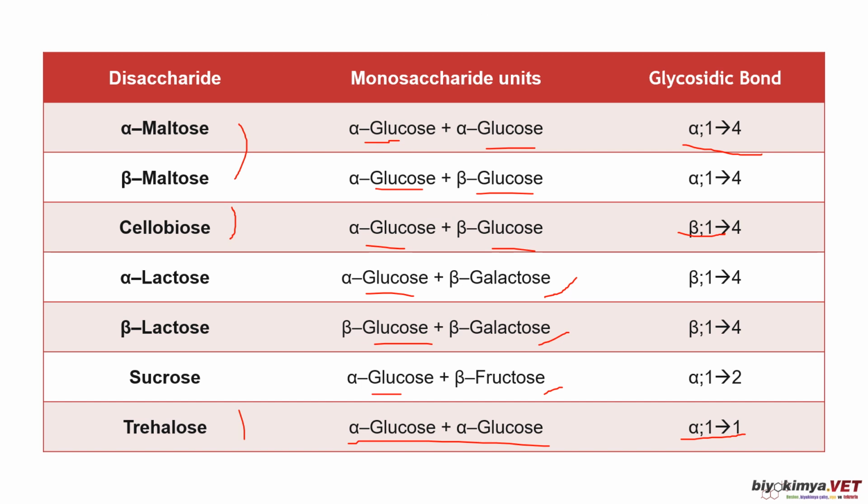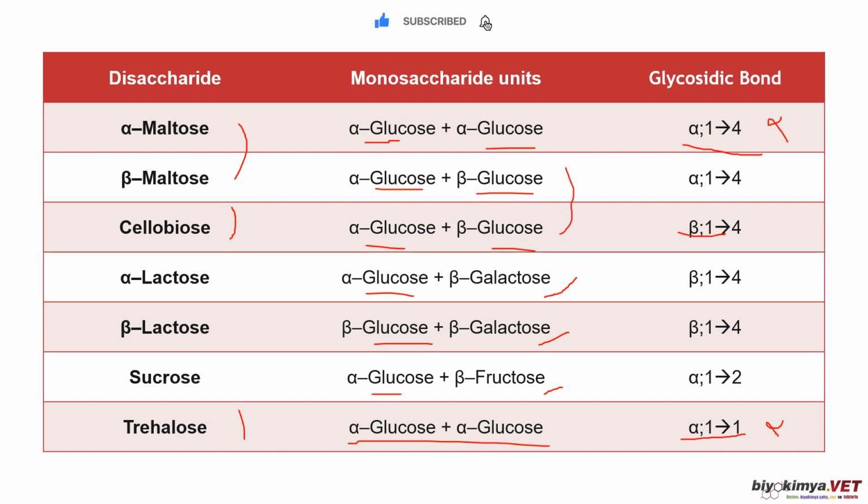This is the importance. Even if you compare alpha maltose and trehalose, look at the components. Alpha glucose, only alpha glucose. But look at the glycosidic bond: in alpha maltose, alpha 1,4, but in trehalose, alpha 1,1. And compare these two.